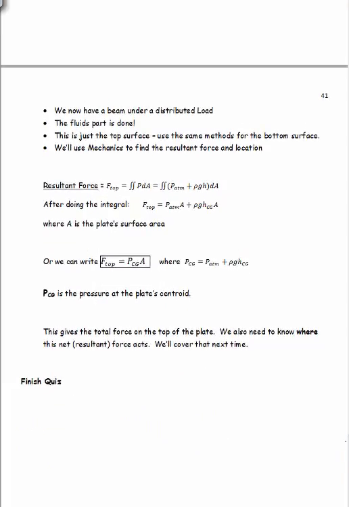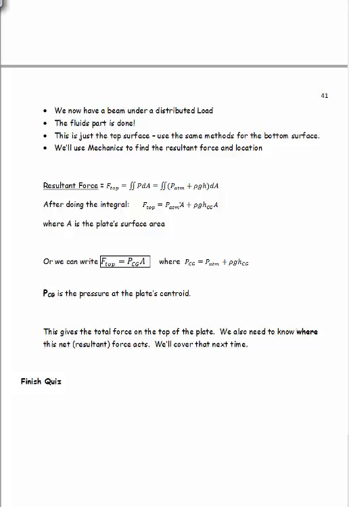Okay, so in order to do this statics problem now and find the resultant force, what you would have to do is integrate that P, which is just a linear equation with respect to h, over the whole area. If we plug in P atmosphere plus rho g h for our P, the first part, the P atmosphere dA, is an easy integral.